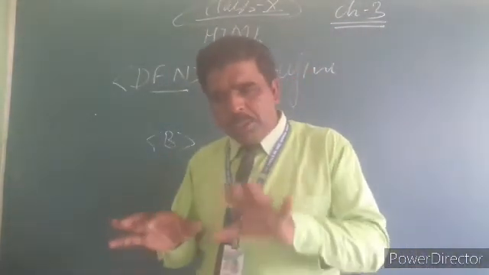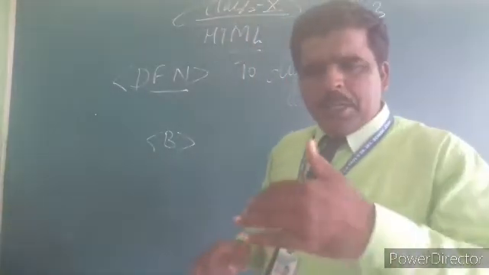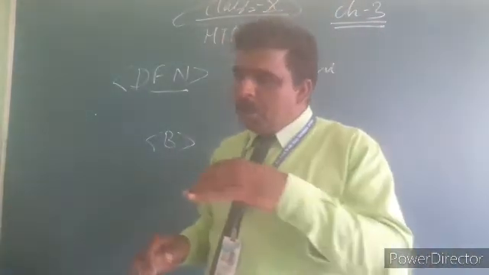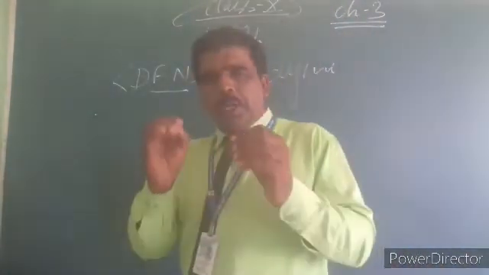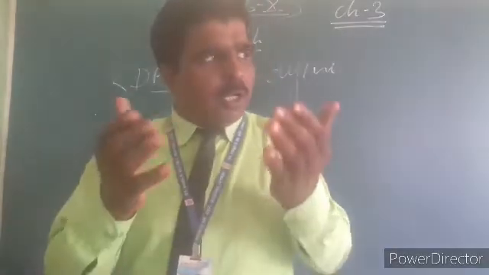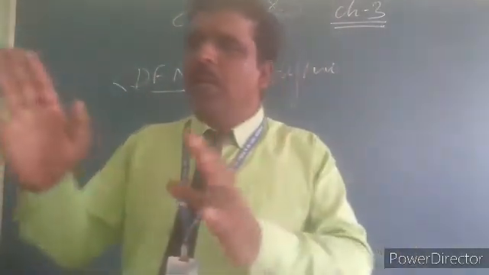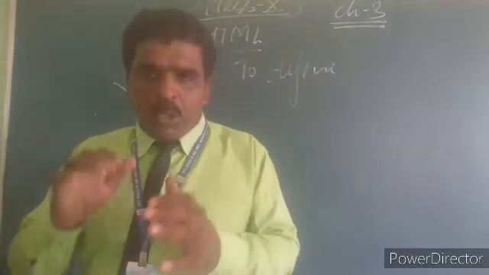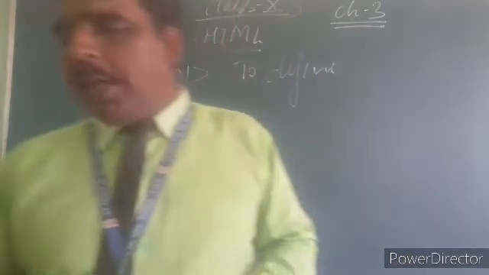That has its own meaning. Nothing is hidden behind it; you don't have to think what it is. I am only telling you that B is for boldness, I for italic, and U for underline. So through that you are able to understand what it is.